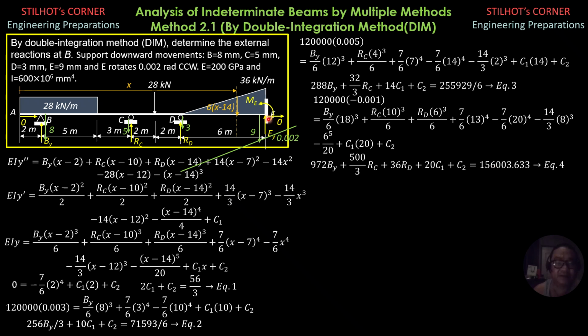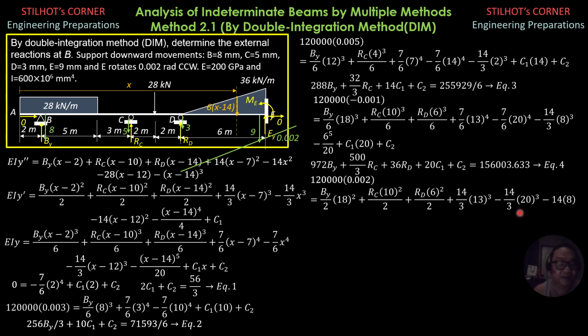Also, when x is 20, the slope is positive 0.002. So substitute here in the expression for slope. So 120,000 times 0.002 equals By times 18 square over 2 plus Rc times 10 square over 2 plus Rd times 6 square over 2 plus 14 over 3, 13 cube minus 14 over 3, 20 cube minus 14 times 8 square, then minus 6 to the fourth over 4 plus C sub 1.